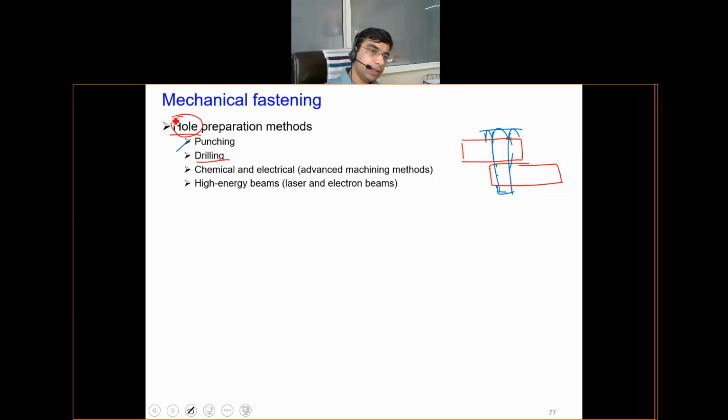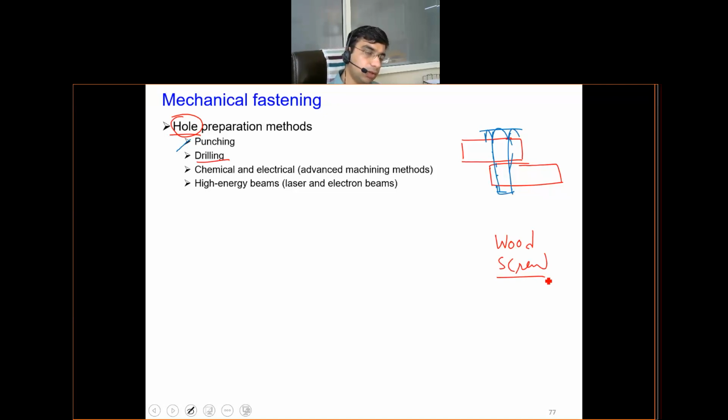Of course, in some materials, there are fasteners which do not need any hole preparation. For example, wood screws, the screws which are used in wooden components, don't need a hole because they are self-fastening. You just have to put the screw through the wood and it will hold.